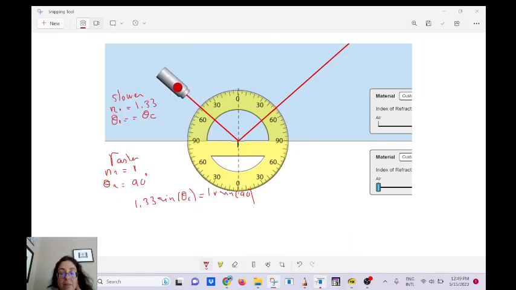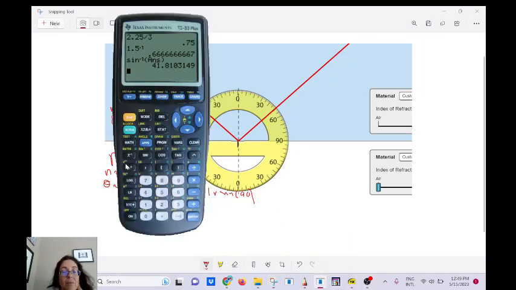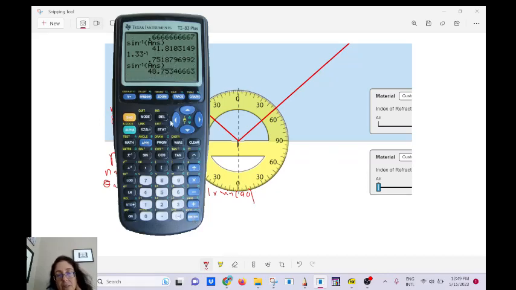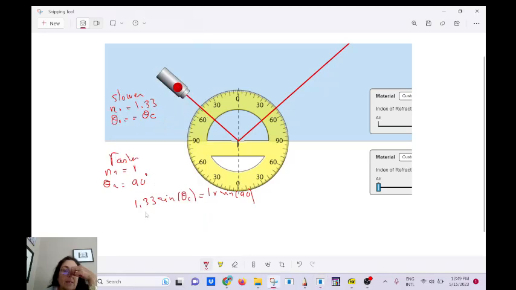So let's find out. So you do the same thing as before. You go 1 over 1.33. You take the reciprocal, take the inverse sine here. You get 49 degrees, about 49 degrees, right? About almost 90, almost 50.